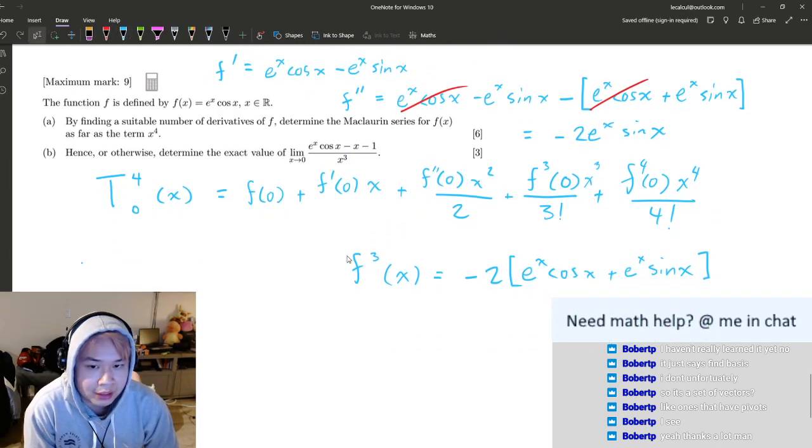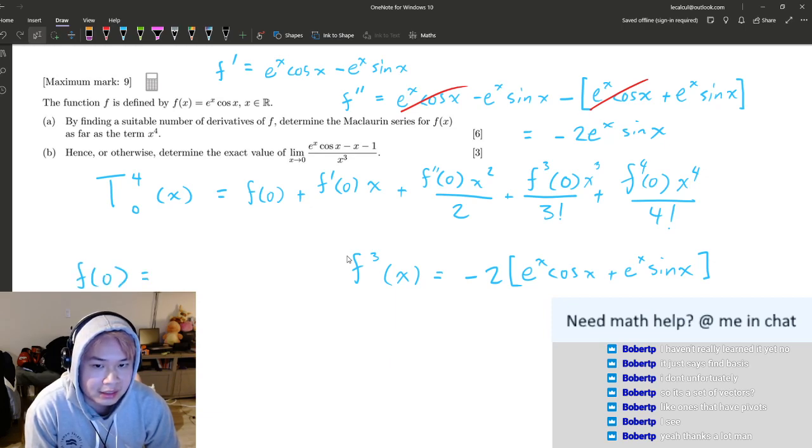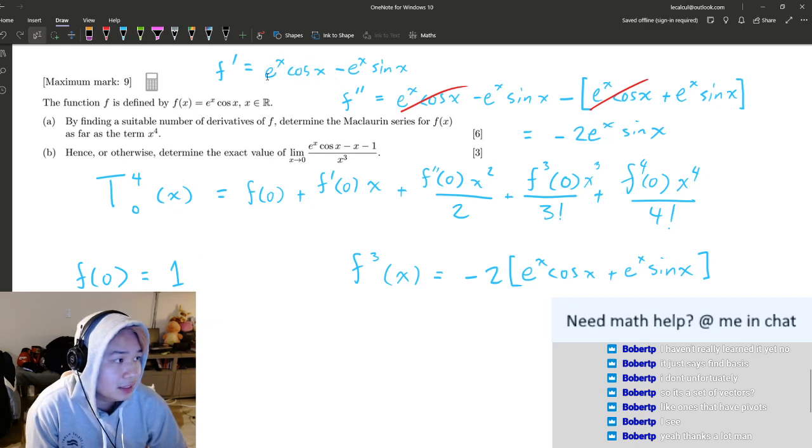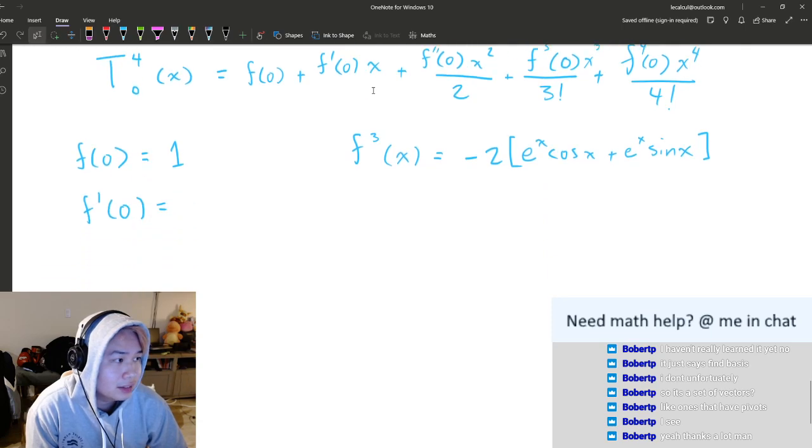Let's take some inventory. I need f of 0. So that's just 1, if I plug 0 into this. F prime at 0 is, I plug in 0 into here. So this is 1, and then this is 0, so that's still 1.